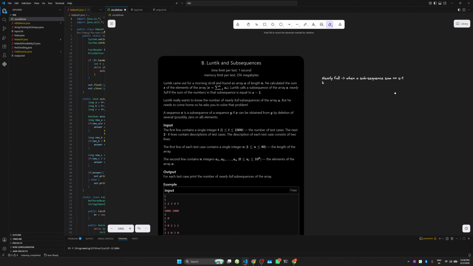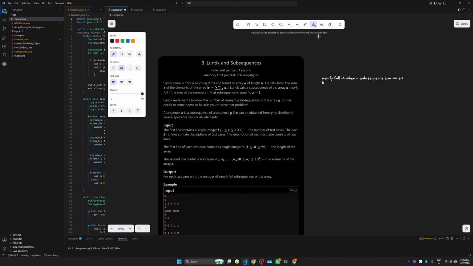All right, input. The first line contains t, up to 1000. This is the only thing we got, and what we need to find out is the number of nearly full subsequences that we can get from the array A. So the only piece of information that we did receive was this.